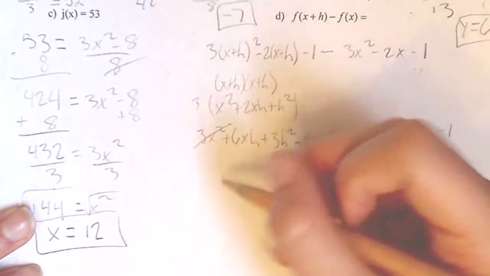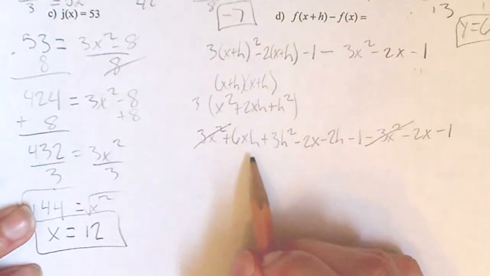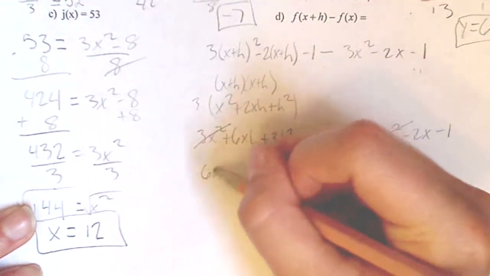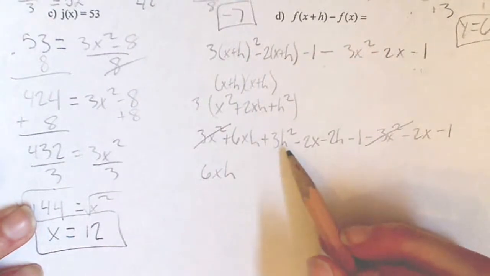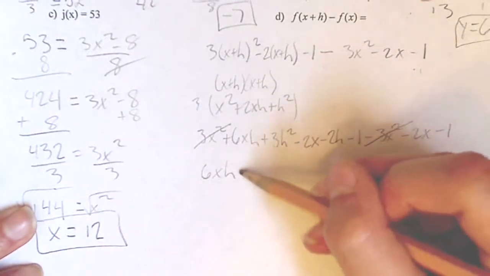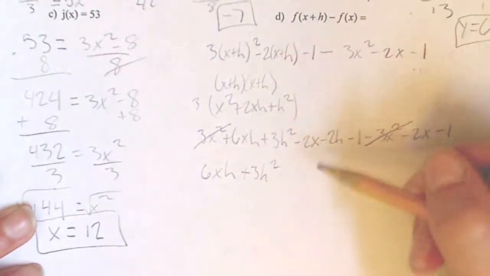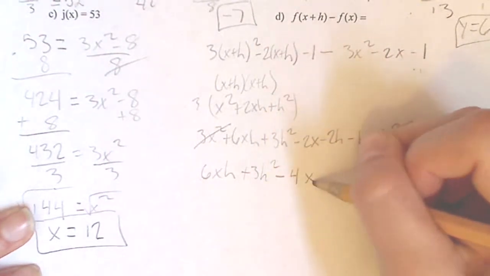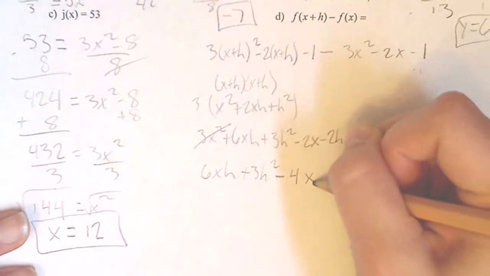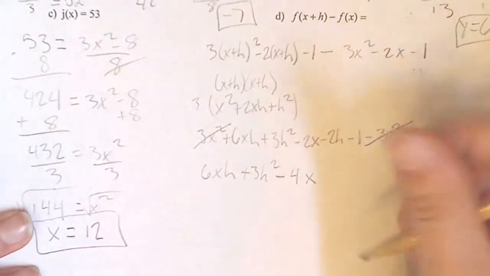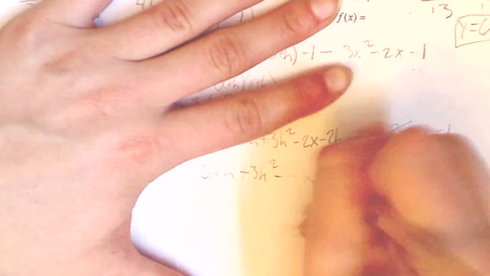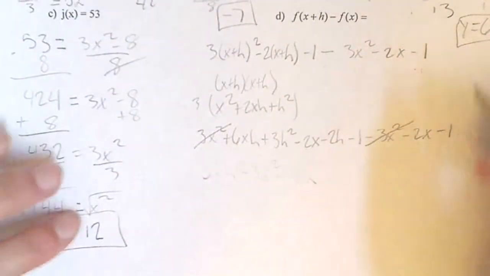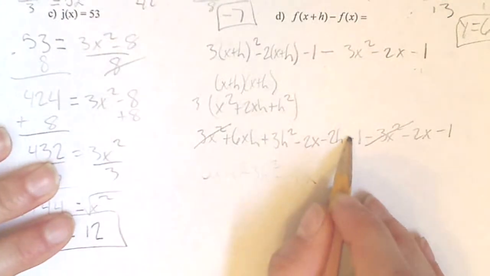So you have a 6xh. That's it for that. You have a 3h squared. Negative 2x minus 2x, that's a negative 4x. Oh, shoot. Actually, that's wrong. These 2x cancel because there's a big negative right here.